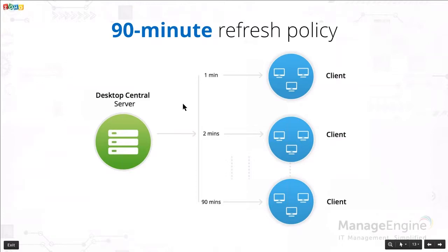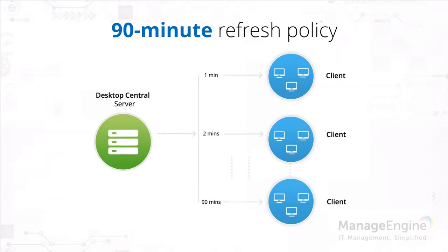So within the first minute, let's say 10 machines will communicate to the Desktop Central server, take the task, whatever you schedule for deployment, and execute it on the client machine. Followed by the next minute, the next set of 10 machines will communicate to the server, take the task and execute. And so on.